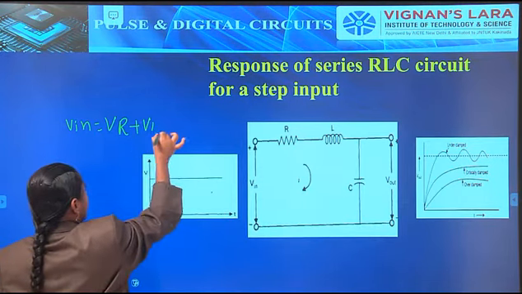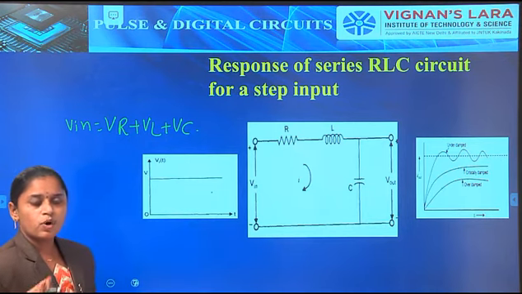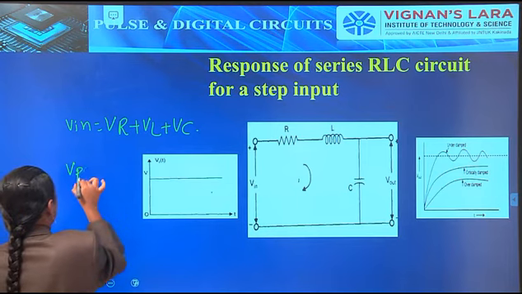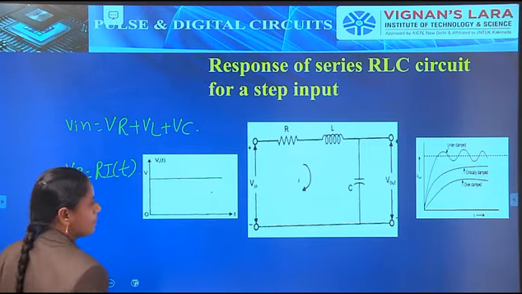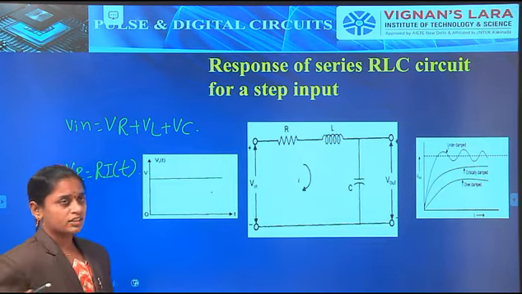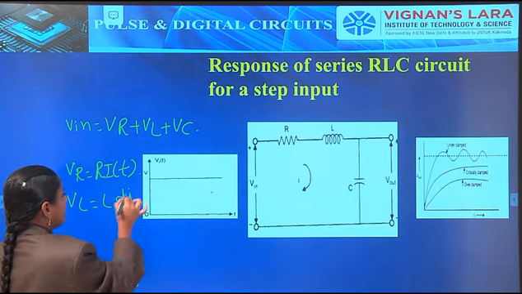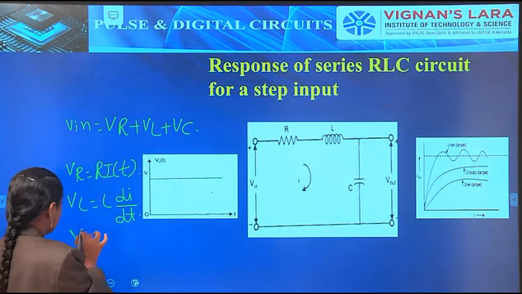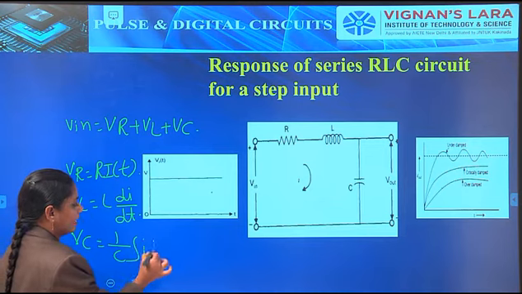VR is the voltage drop across the resistor, that is VR equals R times I of t. VL is the voltage drop across the inductor, that is VL equals L di by dt. VC equals 1 by C integral of I dt.